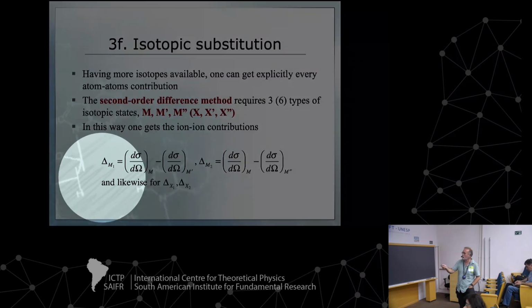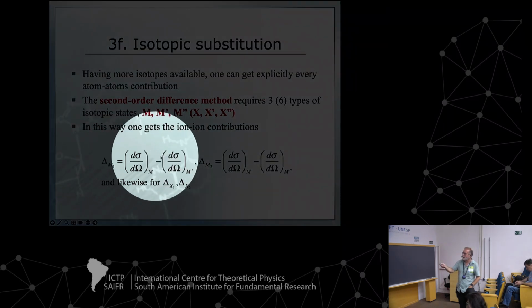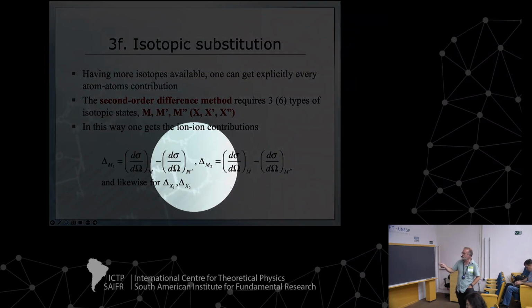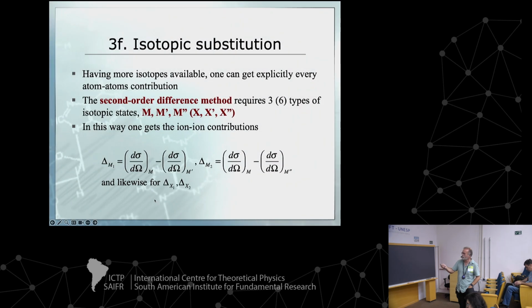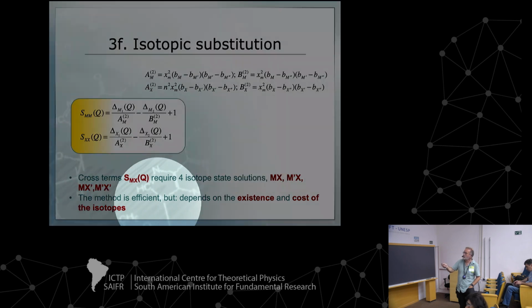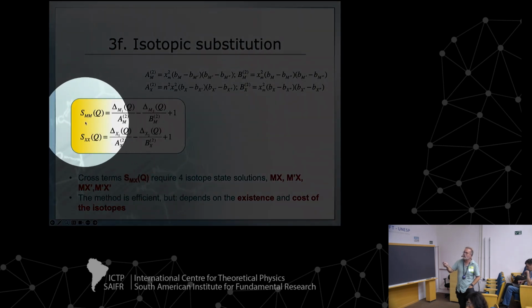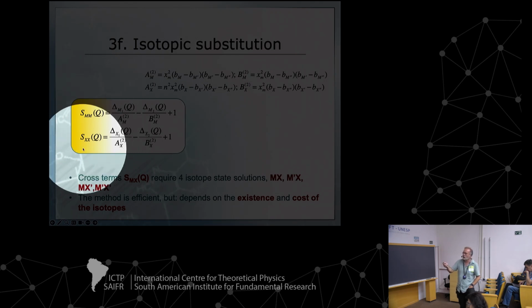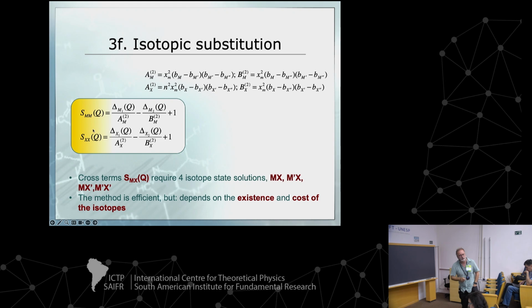You have to perform these differences, delta M1, delta M2, right? And the same for the other quantities. And in this way, you end up with the possibility to separate actually the contribution between the MM, for instance, that will be the cation-cation, or the anion-anion scattering factor.